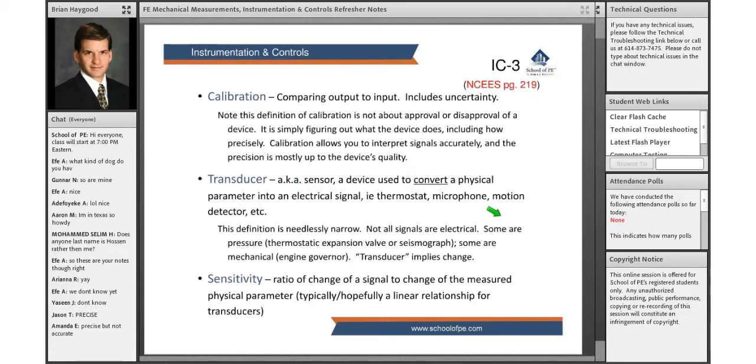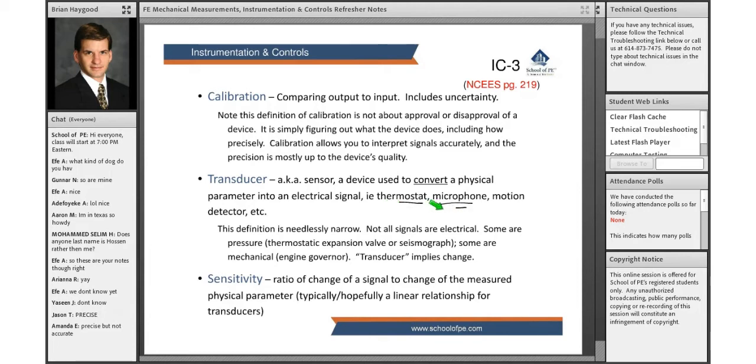Key to that is this idea of converting. In our models, we're going to be dealing with electrical signals. So the thermostat for your home, when you pass a certain level, starts an electrical signal. It brings a voltage high that was previously low.